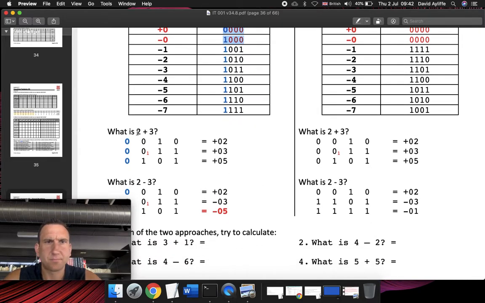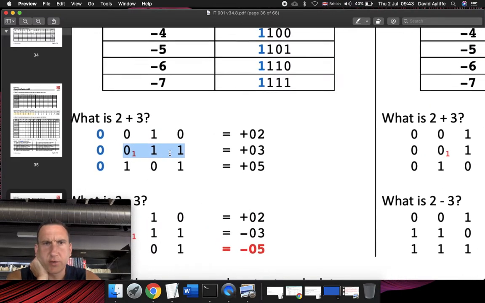So let's try some simple addition. 2 plus 3. So this is binary 2. This is the most significant bit here, and these are the magnitude bits, so this is 2, and this just means positive, and 3. So 0, 1, 1 is 3. Let's try and add these. 0 and 1 is 1.